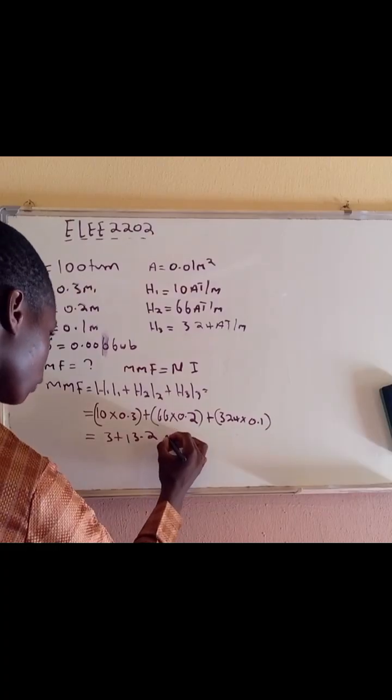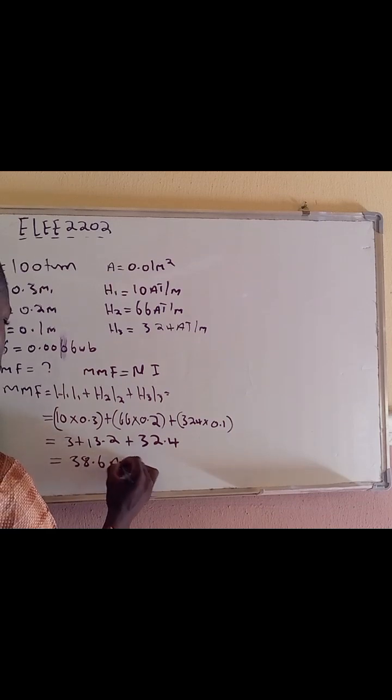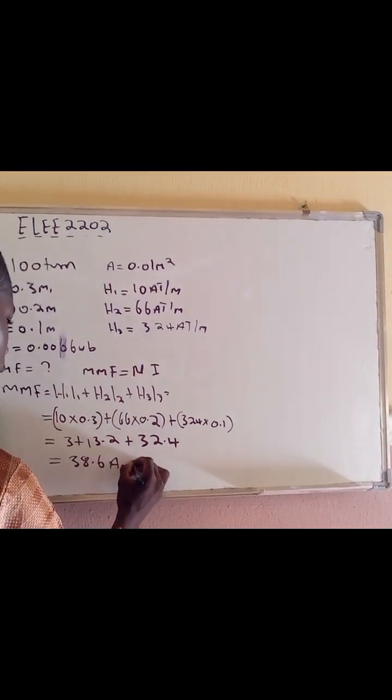If we add 3 plus 3.2 plus 32.4, we'll end up having 38.6 ampere turn.